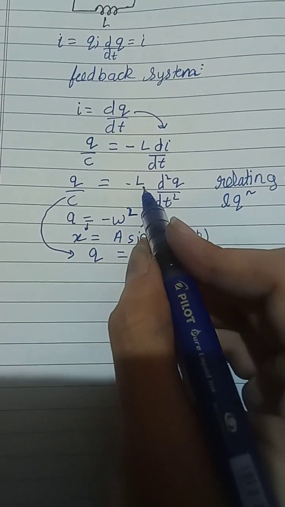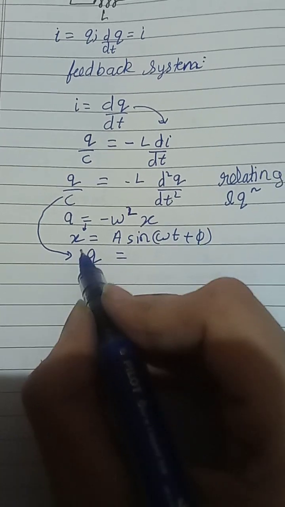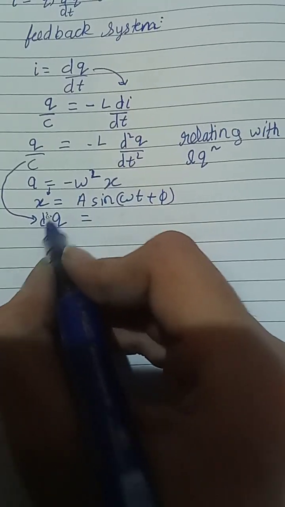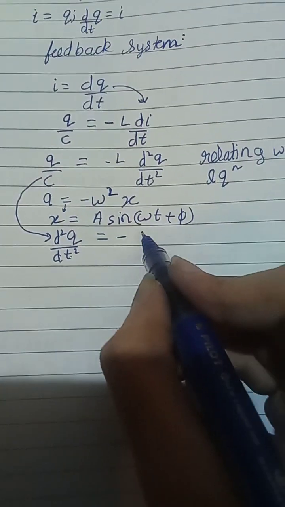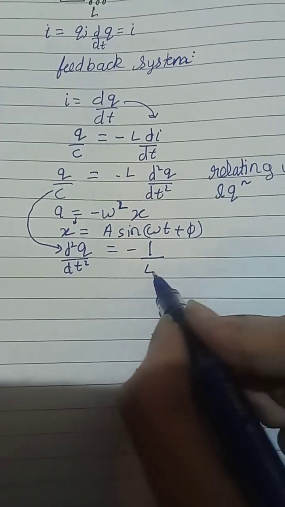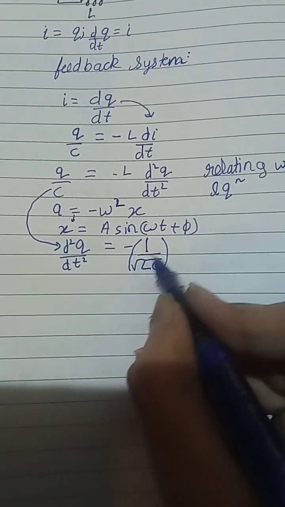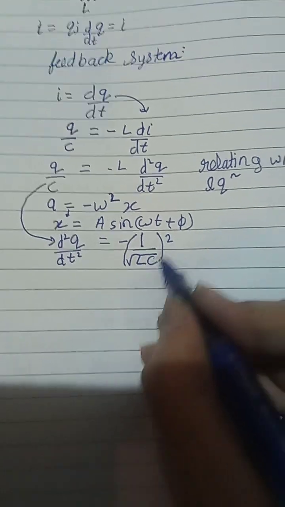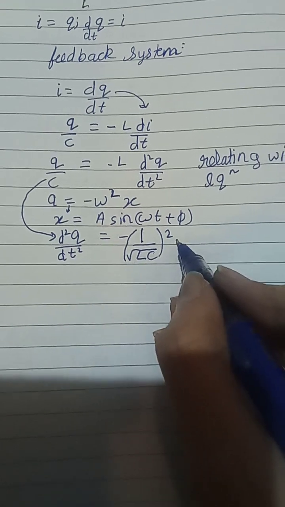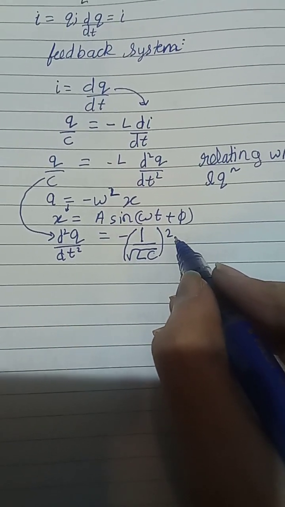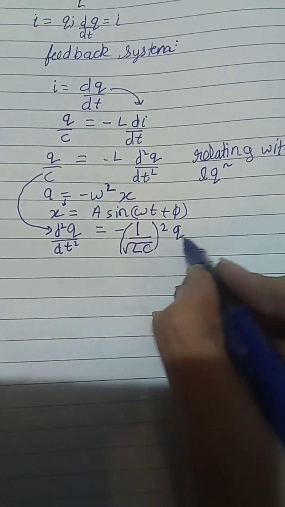Firstly, we have to make it look good. To make it look good, I'm going to write d square q by dt squared equal to minus of 1 by LC, root and squared, because there is omega square, and this is the real omega we used to denote omega, and then x. Instead of x we have q here.